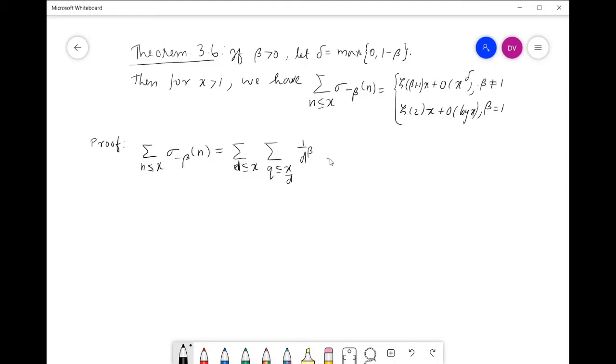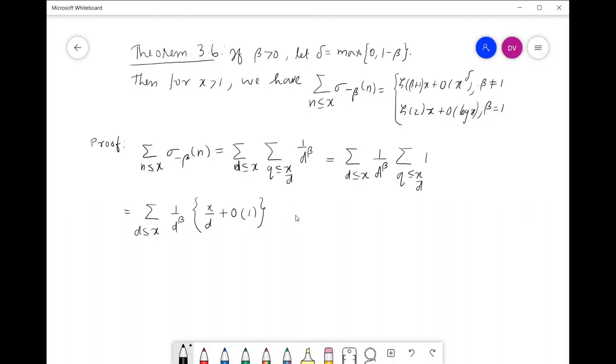So this will give summation d less than or equal to x of 1 by d raised to beta, times summation q less than or equal to x by d of 1. Okay, that is equal to sigma d less than or equal to x of 1 by d raised to beta times, using the asymptotic formula, x by d plus O of 1.